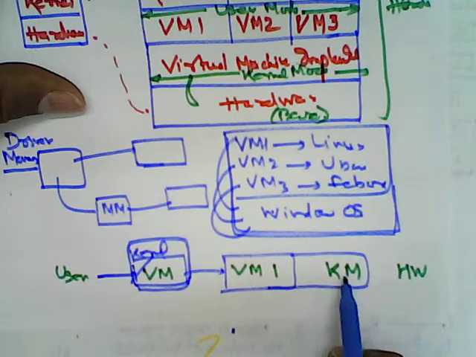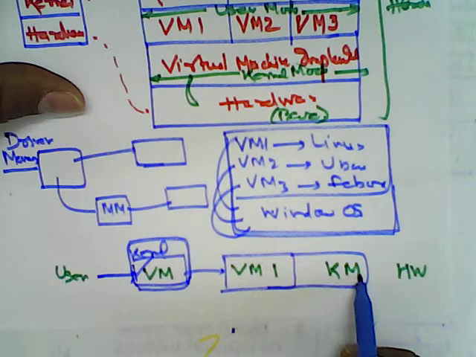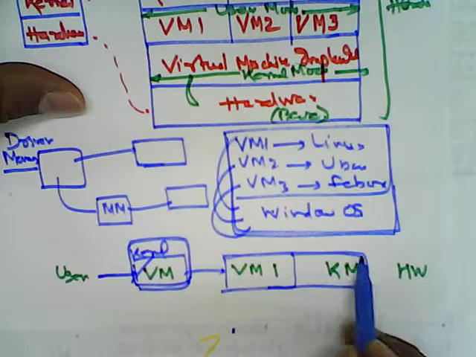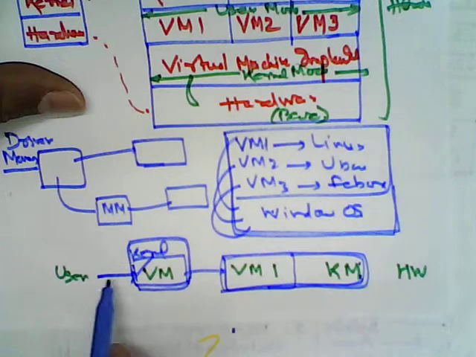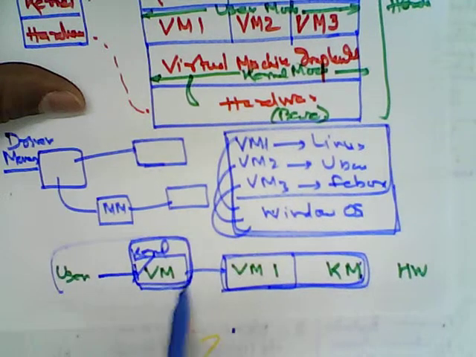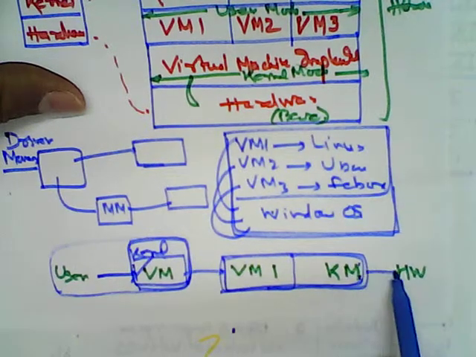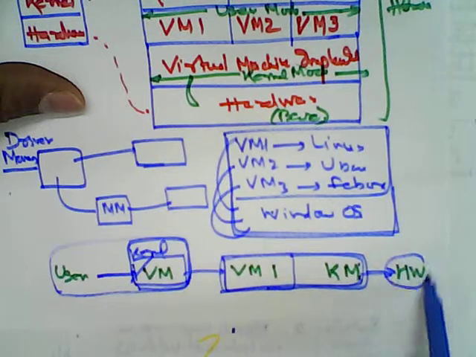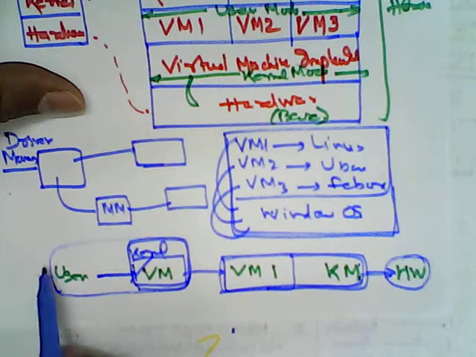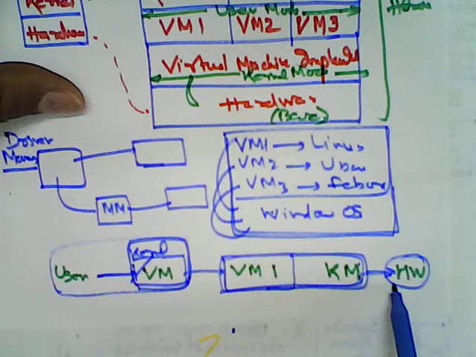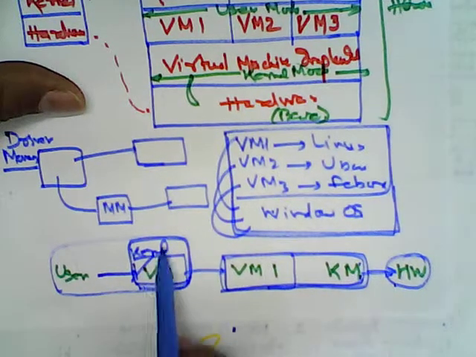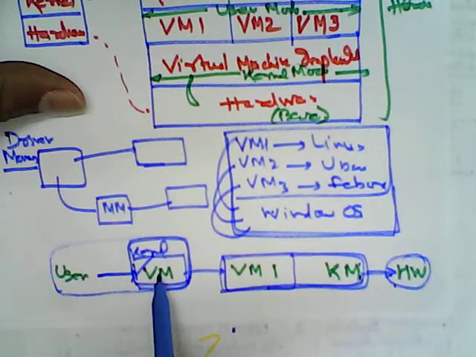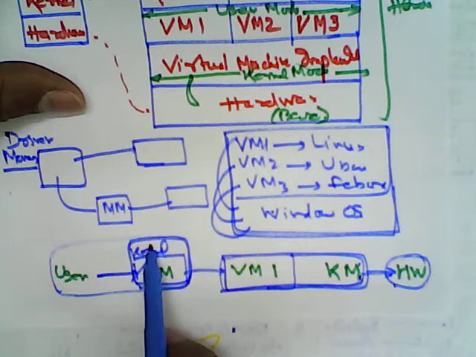So in virtual machine realizations, this kernel mode will respond to the user's requirements, which are in the user mode, and thereby it is going to manage the hardware and the software, because the hardware is common, but a part of the hardware in terms of memory is managed by the virtual machines and the kernel. But the virtual machine will not directly interact with the hardware.